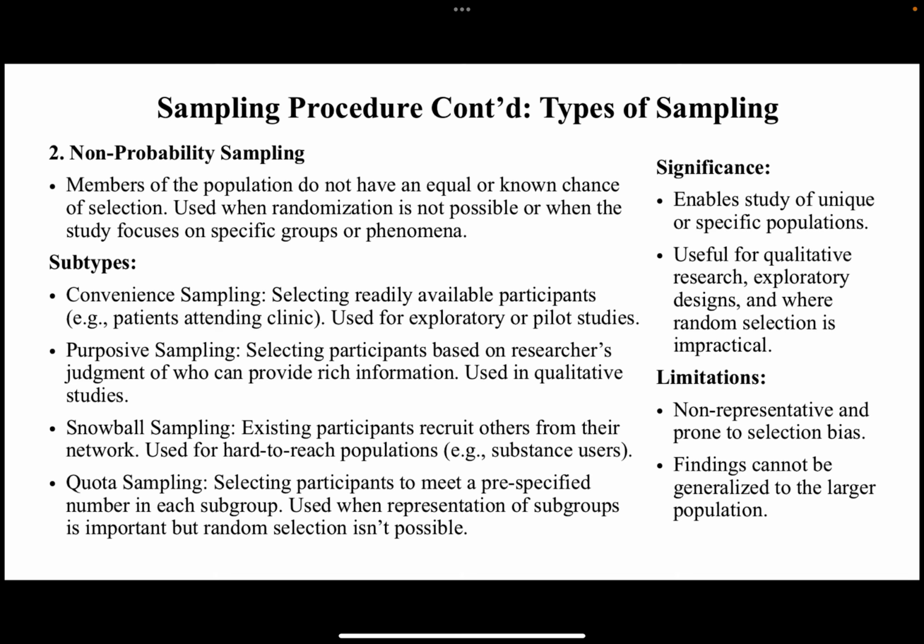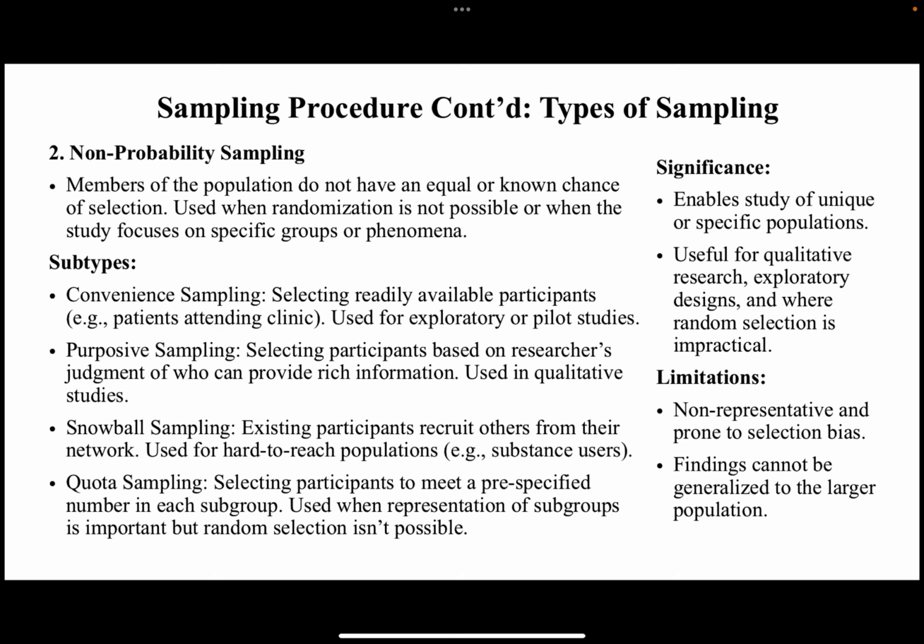For example, a researcher decides to interview, let's say, 50 males and 50 females. Regardless of how they are going to be selected, that is what we call quota sampling.